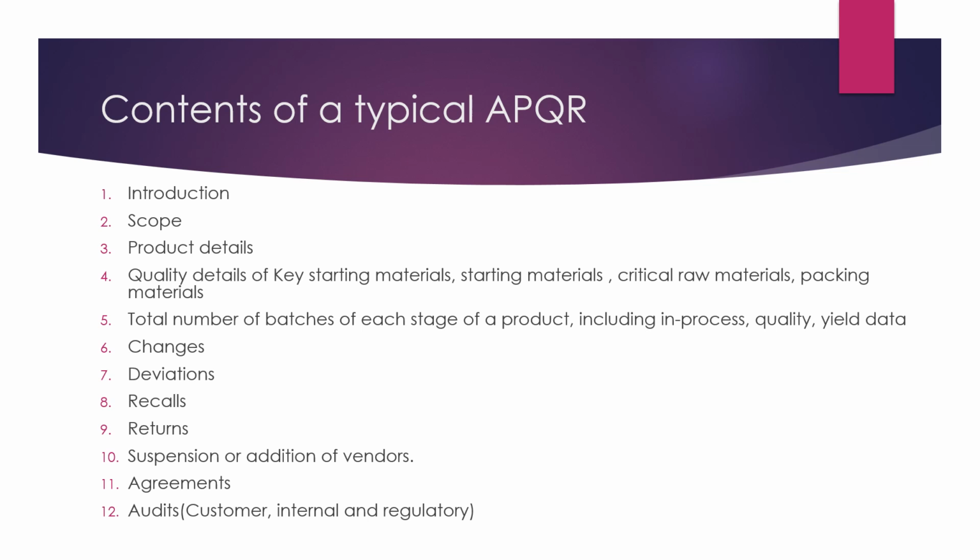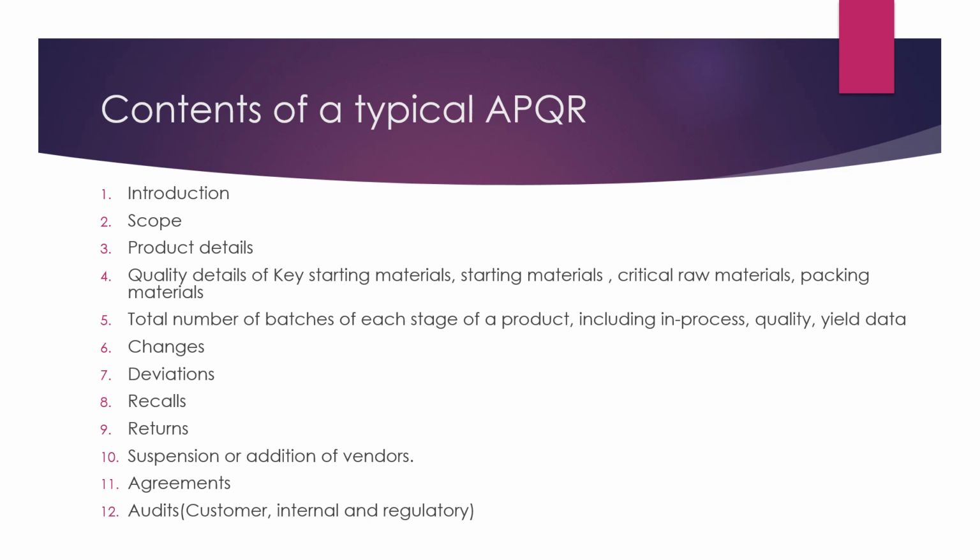Quality details of the key starting materials, critical materials, packing materials. So the quality details of all this have to be included as a part of the APQR. So total number of the batches of each stage of the product, including in-process quality, yield data, those all have to be covered. So number of the batches manufactured for each stage.